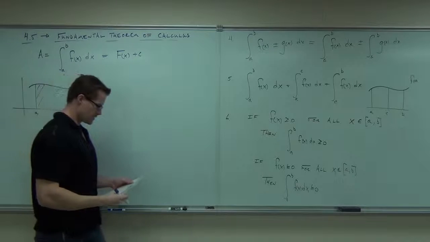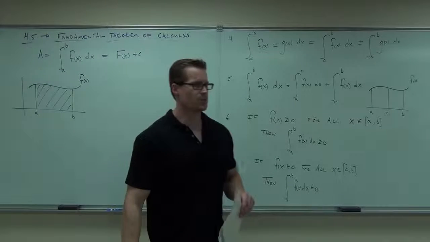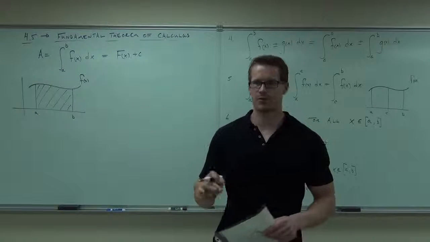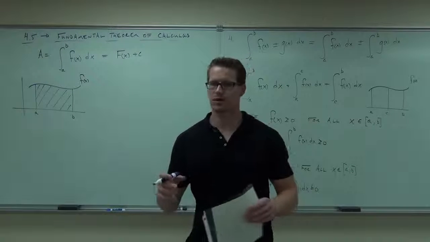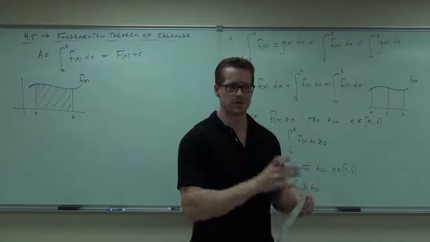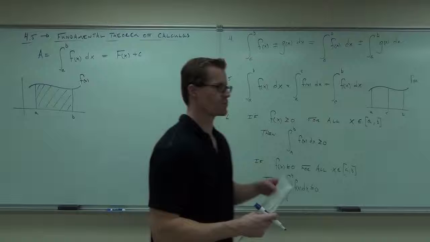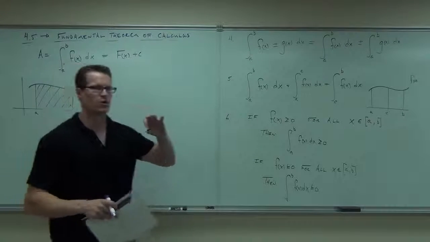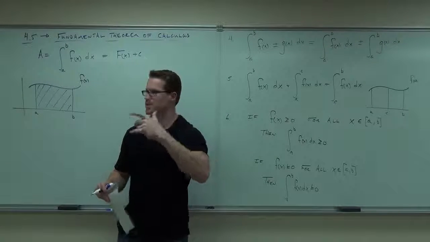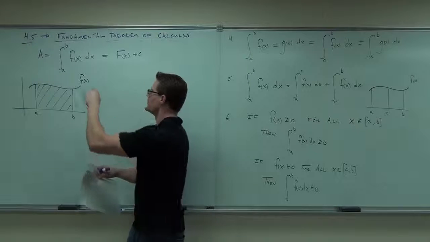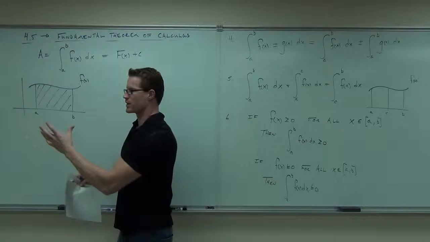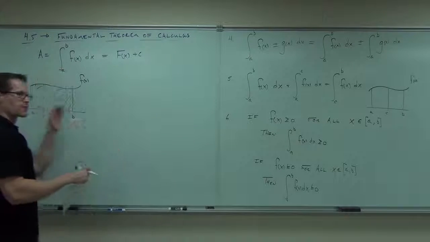We're looking for the area. What we want to do is find the area from A to B. That's the goal, without using our Riemann sums or the summation notation. We don't want to do that. We want to really just think of this as an integral because we know an integral geometrically represents the area. So how can we go from this picture and tie it all together? What we want is the area from A to B.